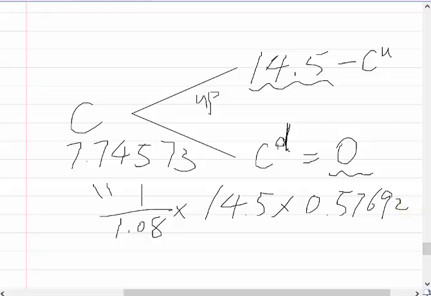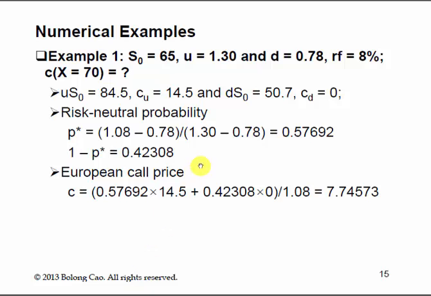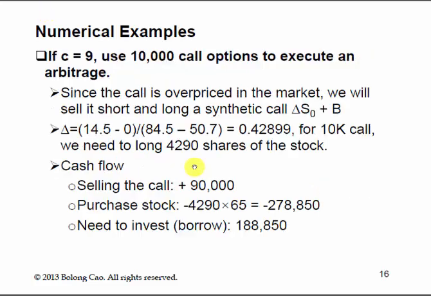Okay, now we have the call premium, and what we can do next. Here is a situation. If the market price for this call is $9, so basically overpriced, and let's use 10,000 shares on the call options.